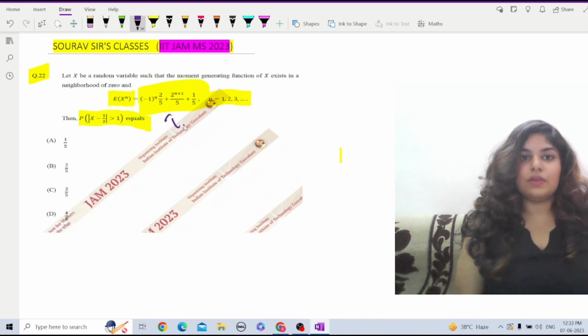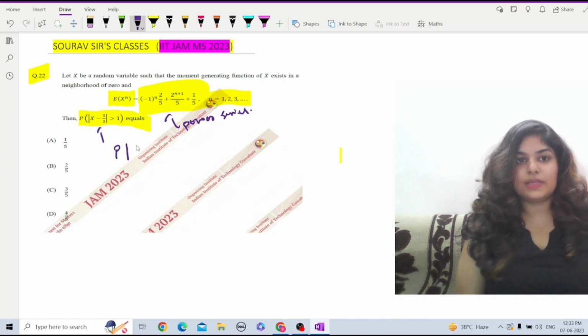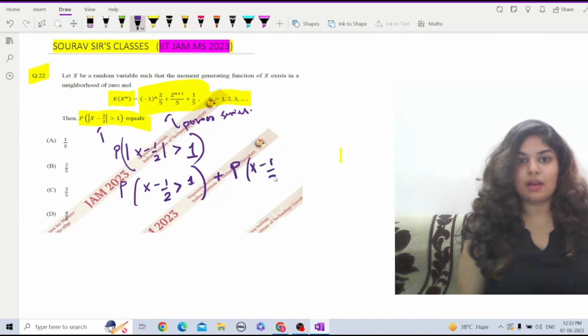Now this is a power series, and we have to find this. So the probability that |X - 1/2| is greater than 1 can be written as the probability that X - 1/2 is greater than 1 plus the probability that X - 1/2 is less than minus 1.